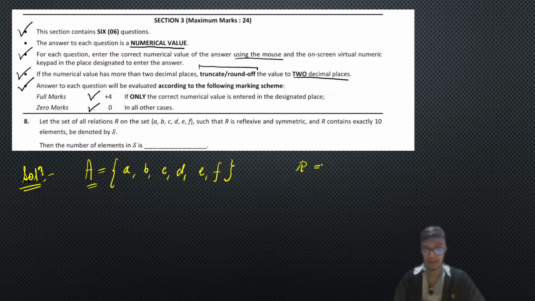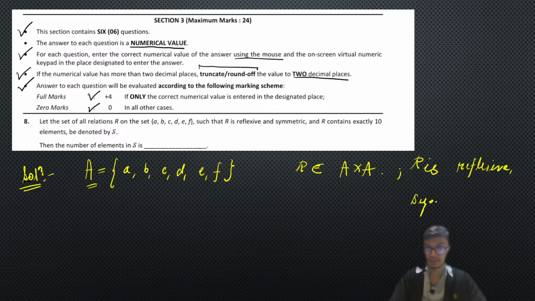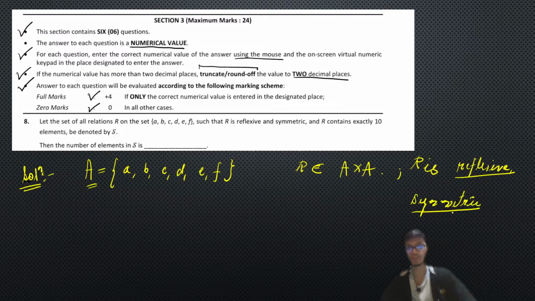So the relations are subsets of A cross A. And I have to make this relation reflexive as well as symmetric.